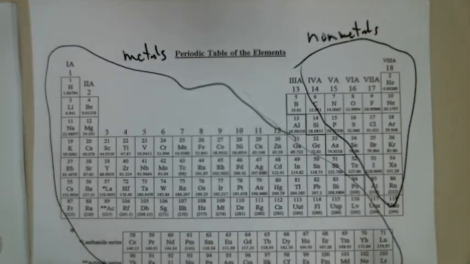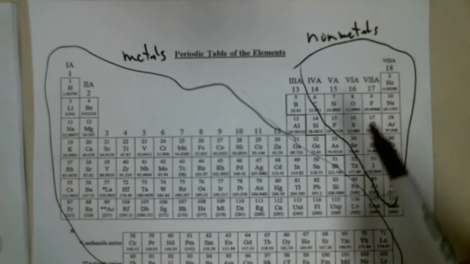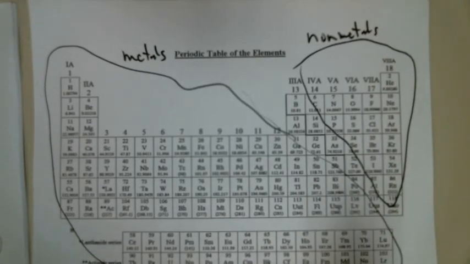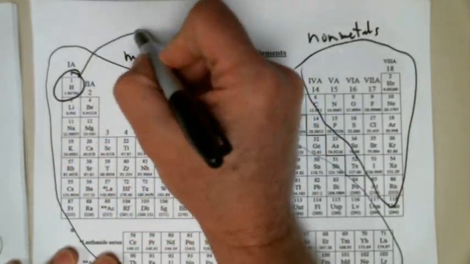And so we can just look at the periodic table and see if it's one of these with one of those, it's ionic. If it's two of these together, it's covalent. Fantastic, right?